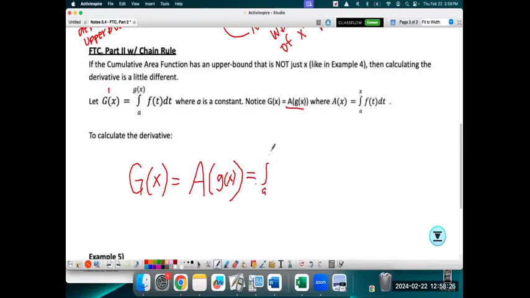So that would be A of g of x this time. Okay. So if I were to take the derivative of that, I have to be careful with this notation right here, because technically if I put the prime here, we're kind of looking at chain rule. So I'm going to do d dx here.